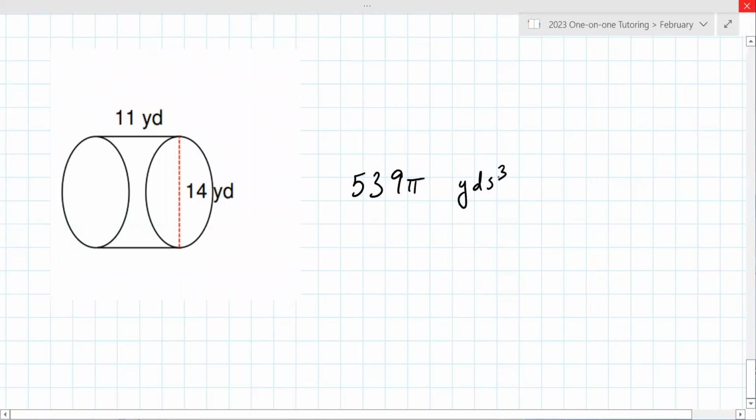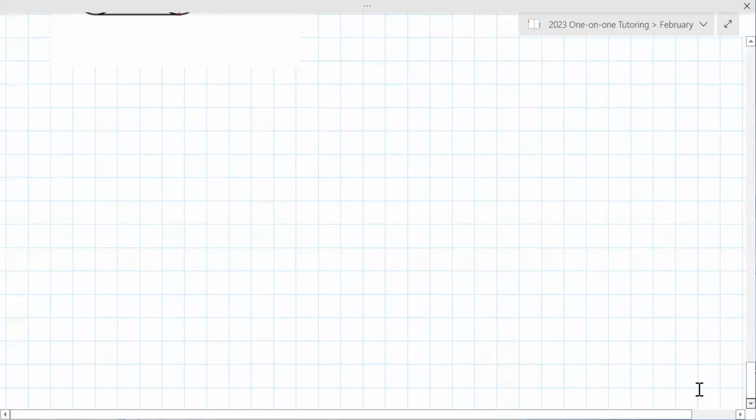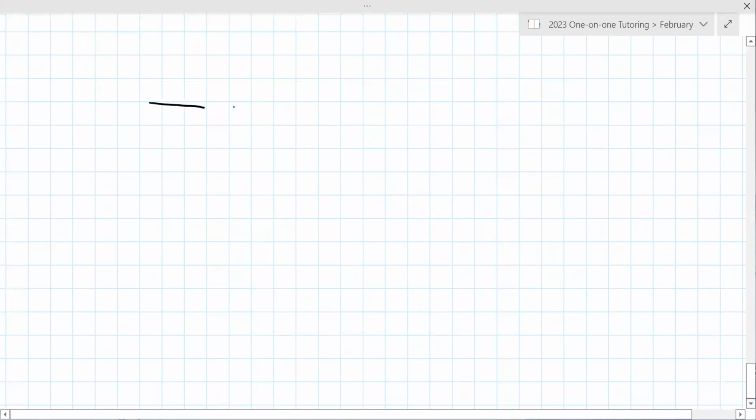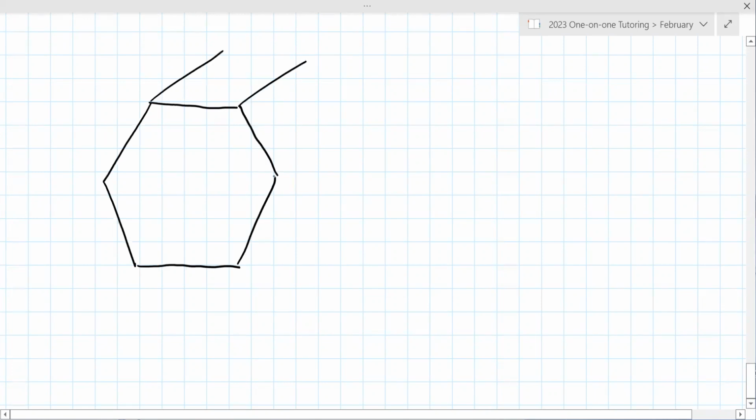Very good. Okay. So the other type of one that you might see is kind of related to what we were doing last time. So hexagon's kind of the one that works out pretty nicely. You really can have any shape be the front face of this.